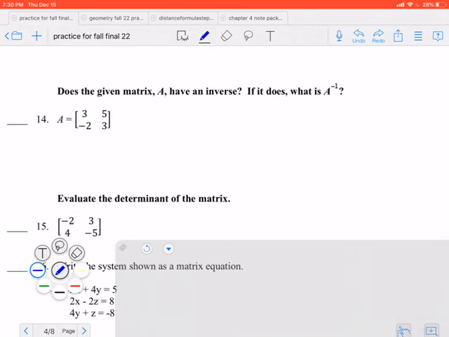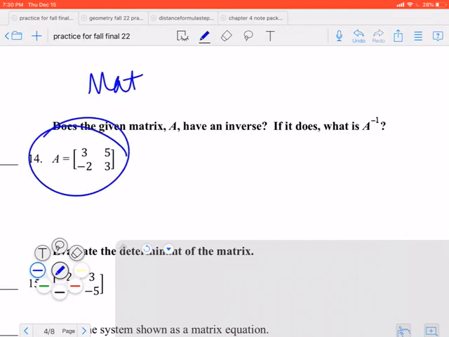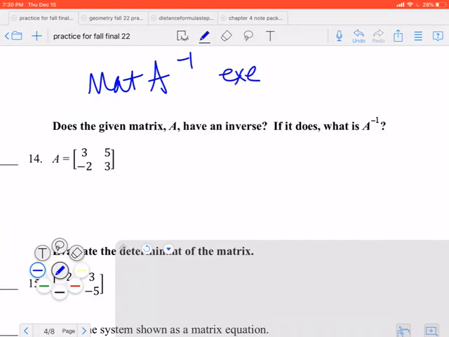Does the given matrix A have an inverse? If it does, what is the inverse of A? Okay, so you can do this in your calculator. Type it in, and after you tell the calculator to make matrix A be that guy, we would type matrix A inverse equals, and out will pop your answer.